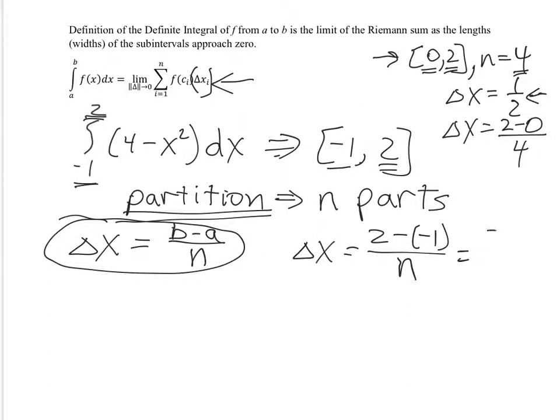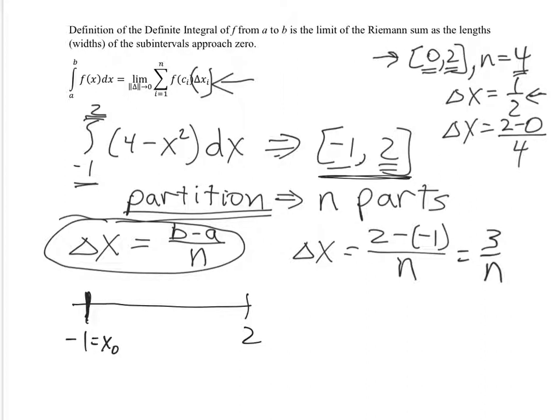So we end up with delta x being the expression 3 divided by n, or 3 over n. Now to partition our interval from -1 to 2, I like to just think about the number line starting at -1, ending at 2, or again in general, -1 we could say is x sub 0, the a value as we talked about earlier, and then x sub 1.